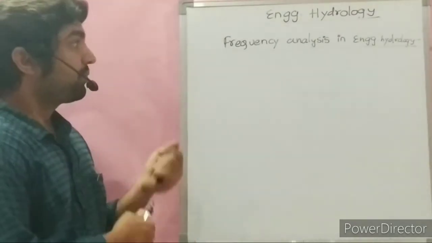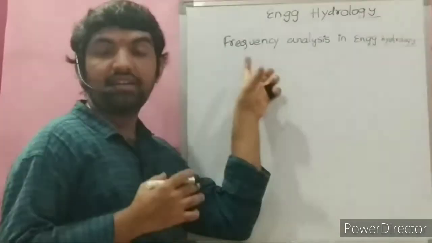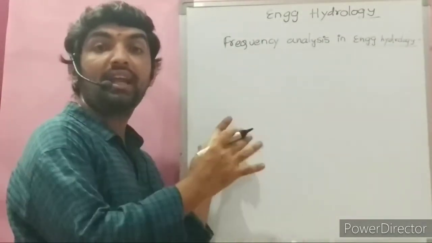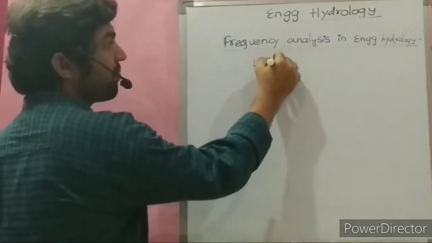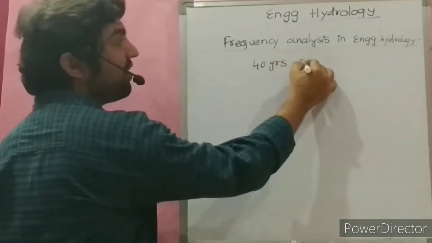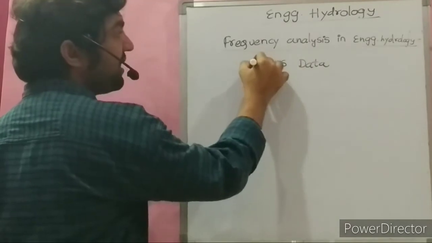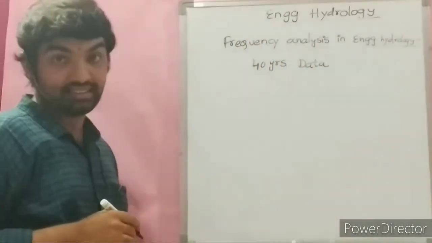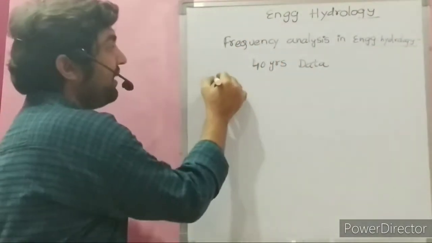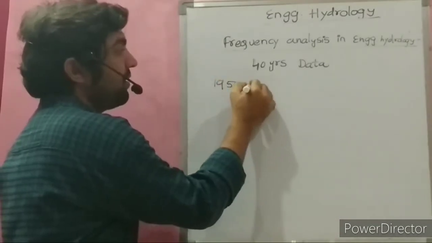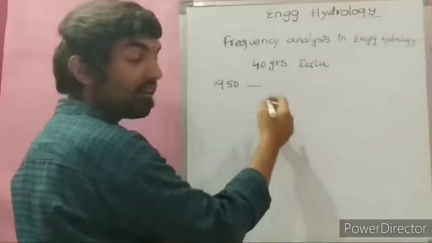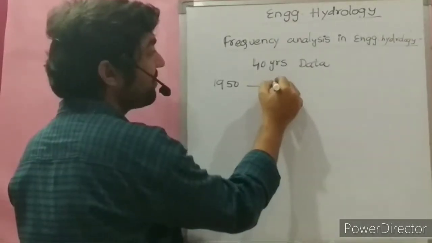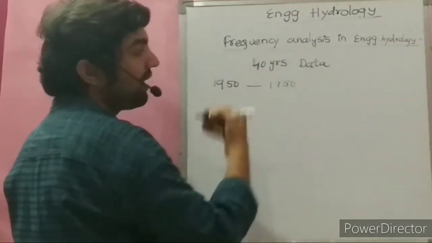So, to analyze these extreme events, we need rainfall data for at least 40 years. 40 years of data we require to do the computations regarding this frequency analysis. Annual rainfall is required. In 1950, let us say the maximum discharge was 1750 cubic meters per second.